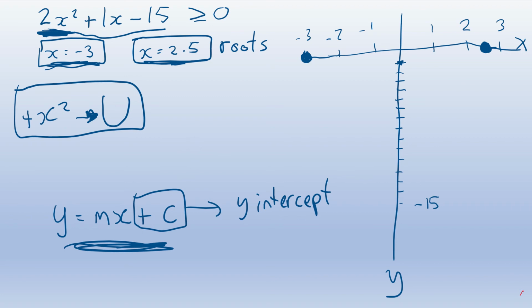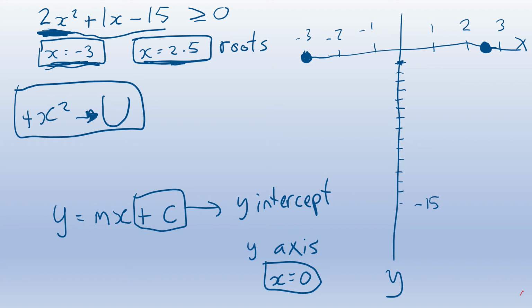So just bear with me. You were told that c was your y-intercept, so where your line crossed the y-axis. The reason for that is on your y-axis, your x is equal to 0. So all your points here on your y-axis, your x part is going to be 0. So this point here would be 0 minus 1, this point here would be 0 minus 2, and so on. The x part is always 0.